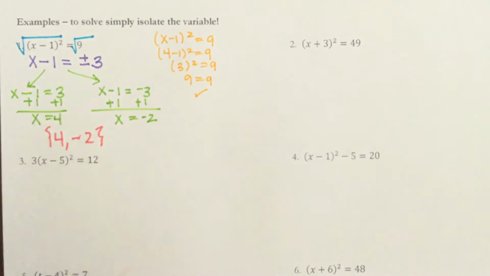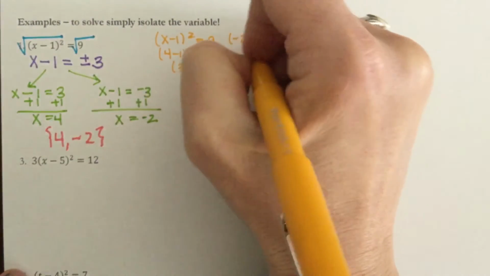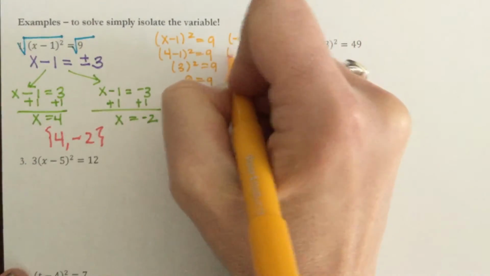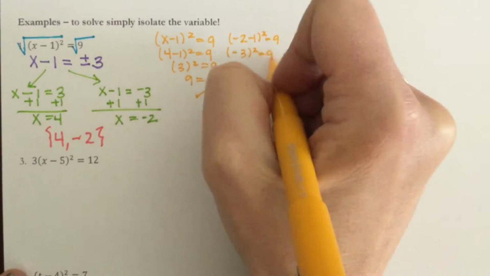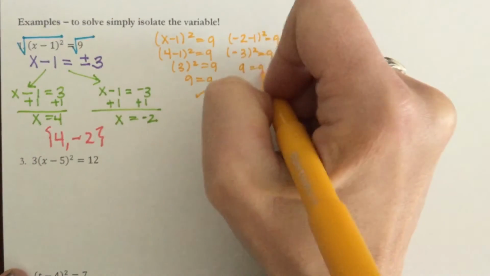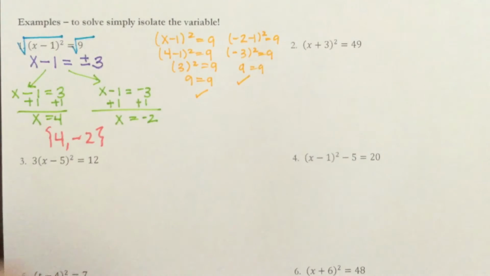All right, if we check our second solution, negative 2 minus 1 squared should be 9. Inside of the parentheses, this gives me negative 3 squared, which is 9. And we know that negative 3 times negative 3 will make 9. So that solution checks.